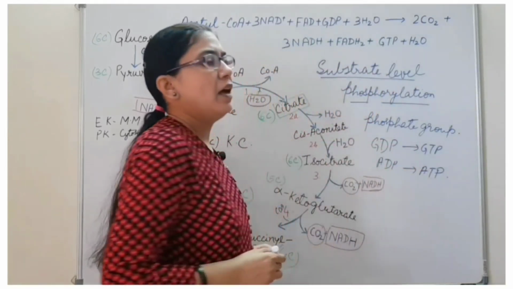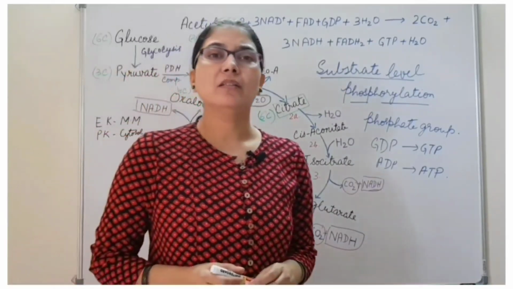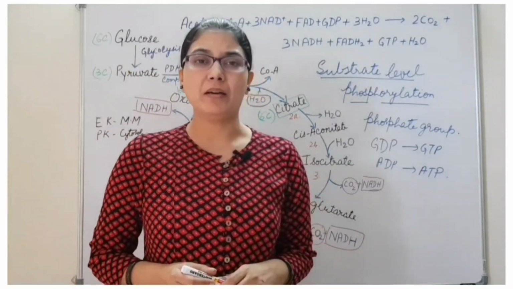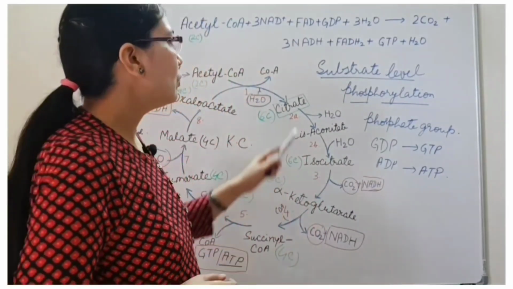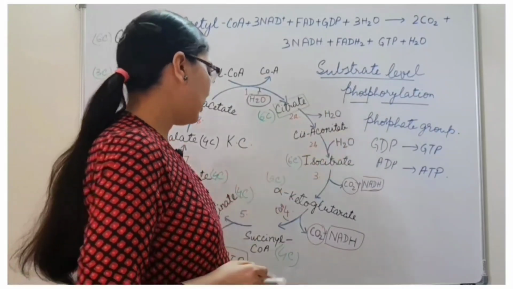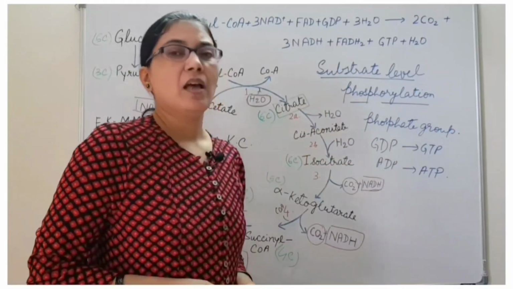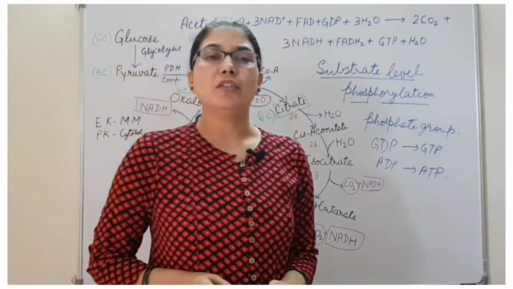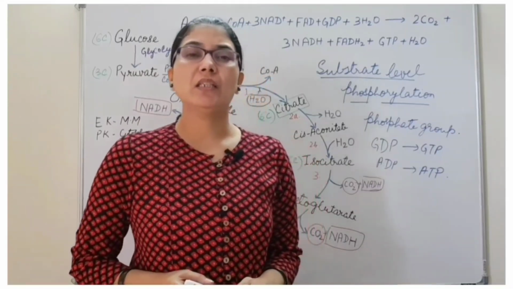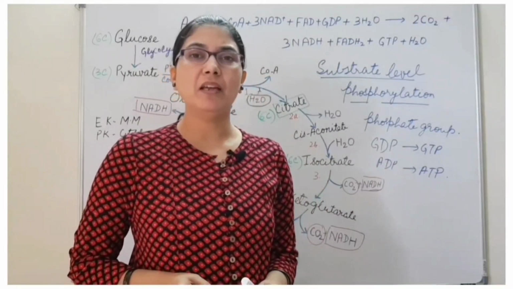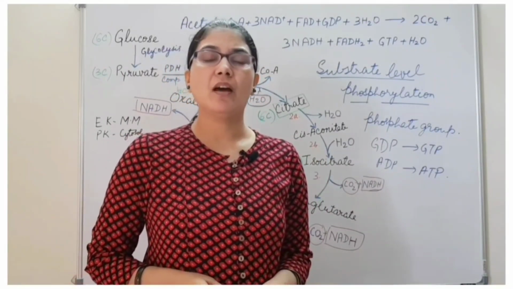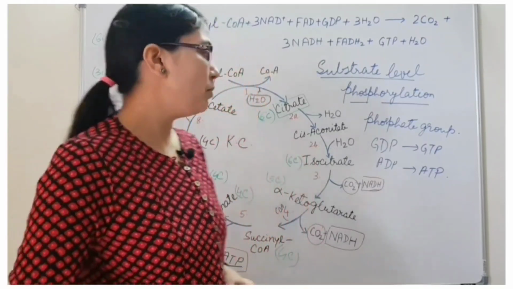Here electron transport chain doesn't take part. So it is known as the substrate level phosphorylation. Large amount of energy that is required is obtained by the cleavage of the high energy thioester bond.